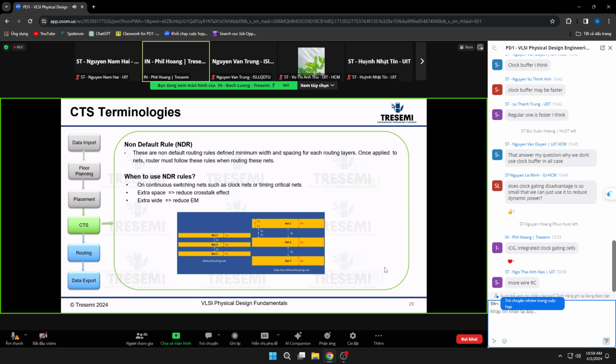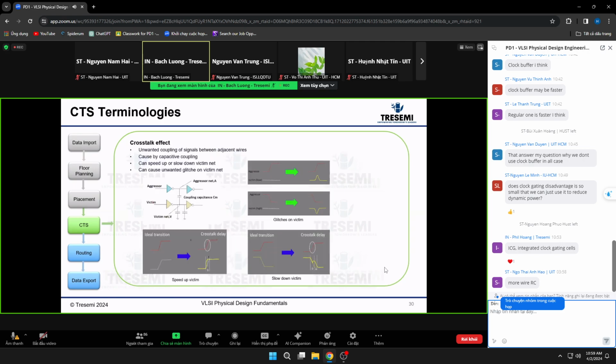Because you double the width, the reduction in R will be significant, so your total RC delays will be better, but your power will be worse. And you take up more resource, right? Yep. Okay, thank you, Phil.